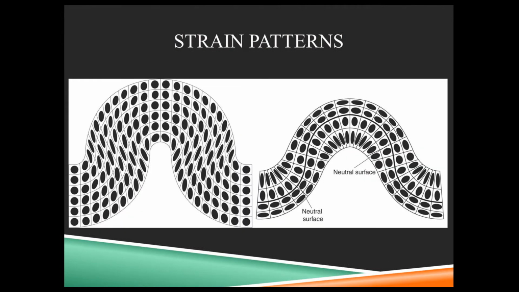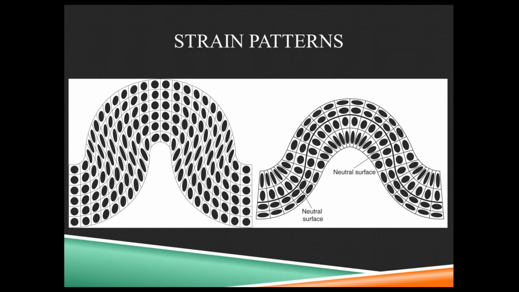The last thing I want to talk about really briefly, just to expose you to it, are these strain patterns. You can have folds that look approximately the same as an overall shape, but the rock within that fold can be strained very differently.